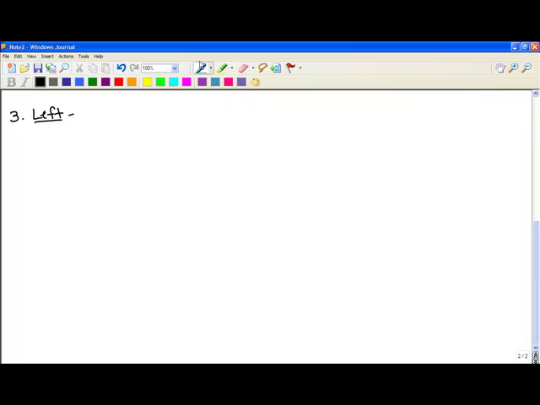Now, the third type of transformation is moving a graph to the left. And to do that, we add the constant to the x variable. Now, let's suppose that we look at the basic graph of y equals x squared. Now, we want to move this graph to the left 4 units.